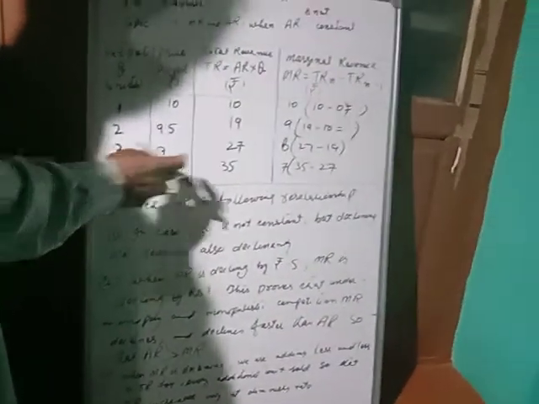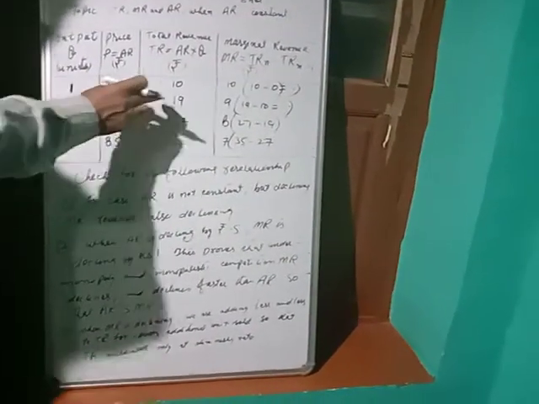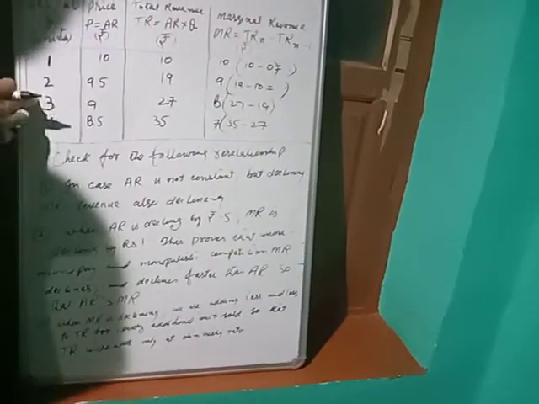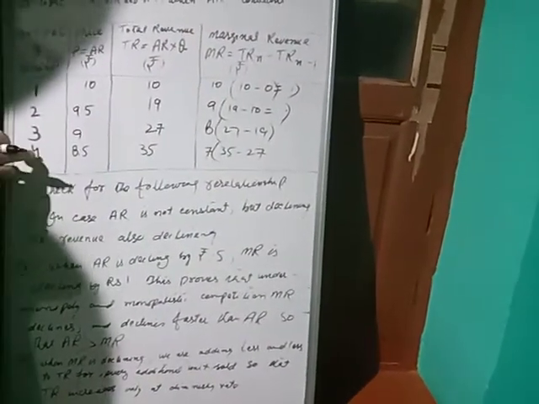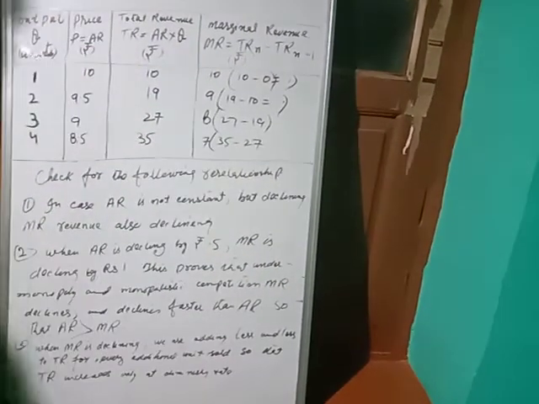If we divide 19 by 2, it is less than 10. When we divide 27 by 3, it is less than 19. When we divide 35 by 4, it is less than 27.